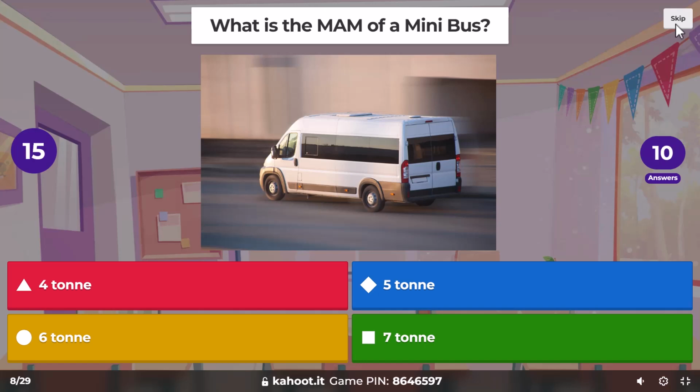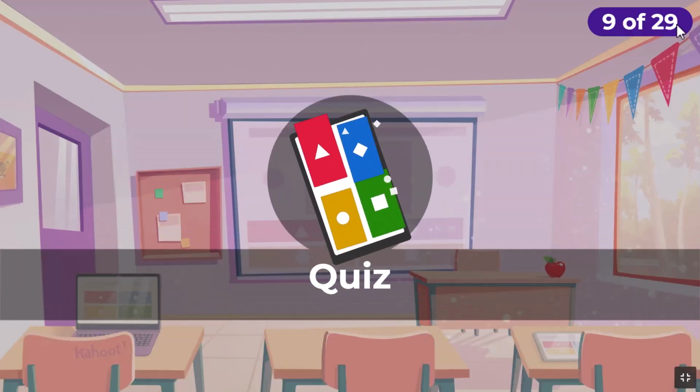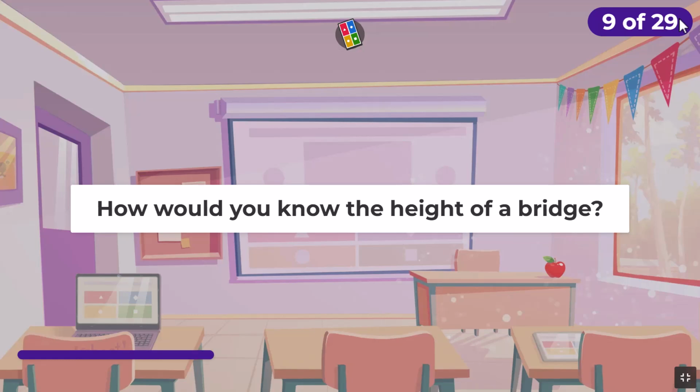Maximum authorized mass? Yeah, maximum allowed mass. How do you know the height of a bridge?